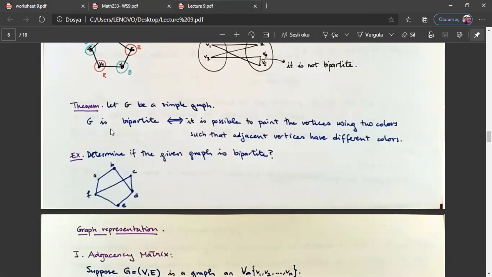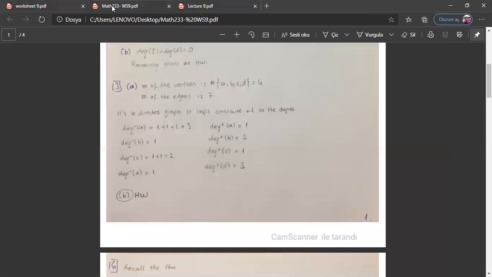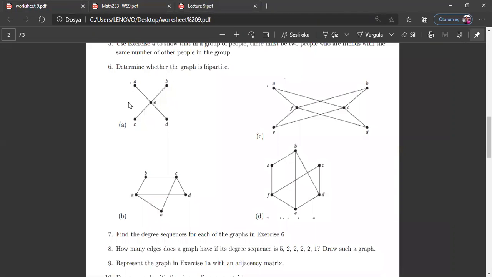It says G is bipartite if and only if it's possible to paint the vertices using only 2 colors such that adjacent vertices have different colors. We will use exactly this because otherwise it's so hard to determine. So for example, let's use only green and red to color the vertices.